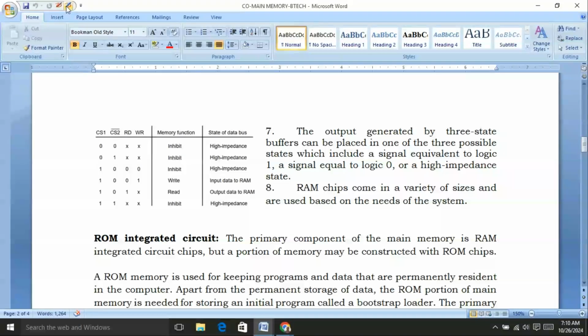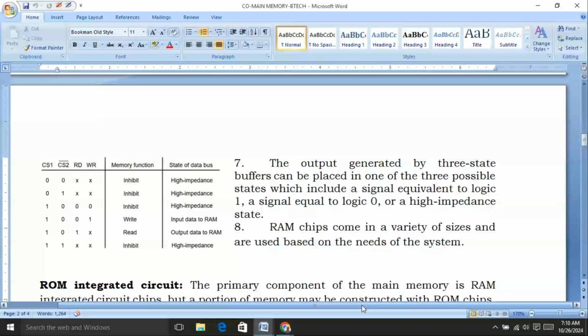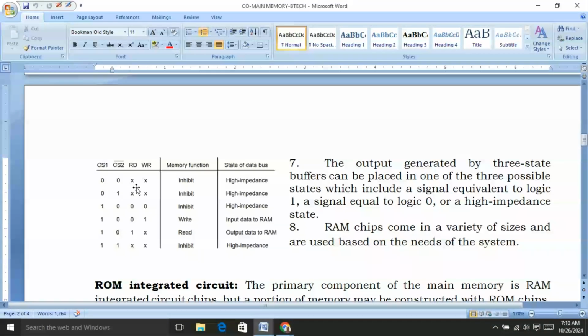Please observe carefully here. I am going to put CS1 as a large one. At 0 0, nothing happens. That is, the RAM chip is not working. 0 1, this is also 0 because CS1 is 0.